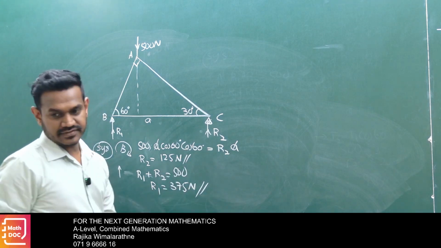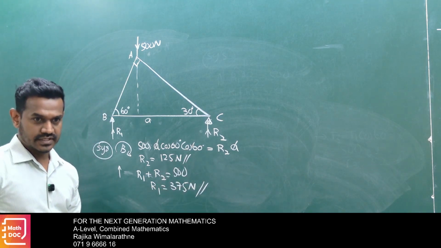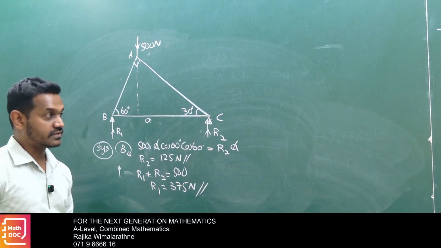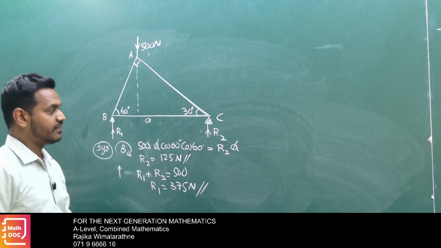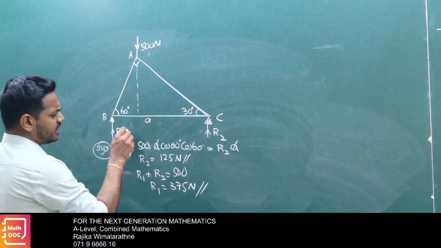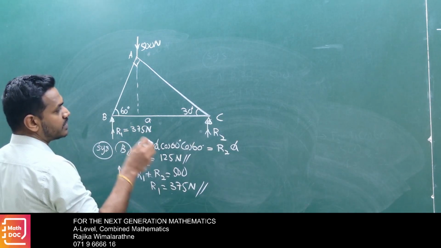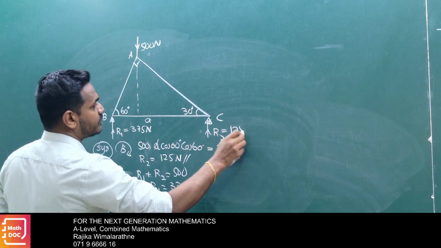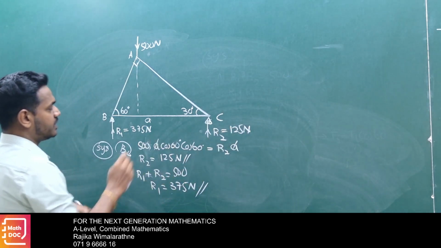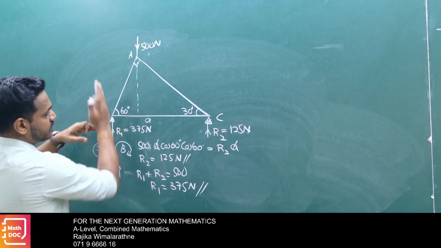The previous case we got only equal forces. Now this is not symmetrical, so they are different. You mark here R1 375, and 125 Newtons. Now this is a vertically upward force, no?